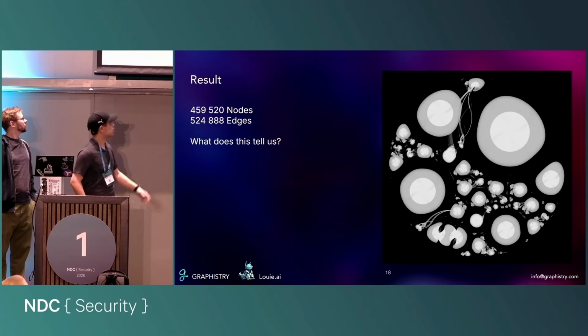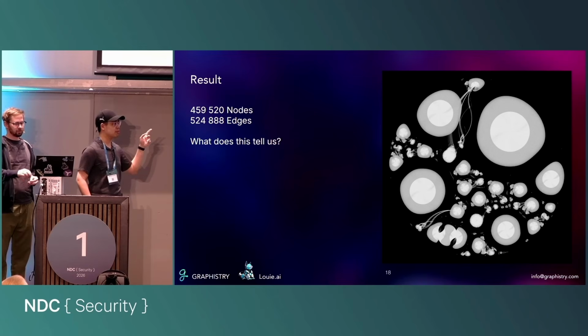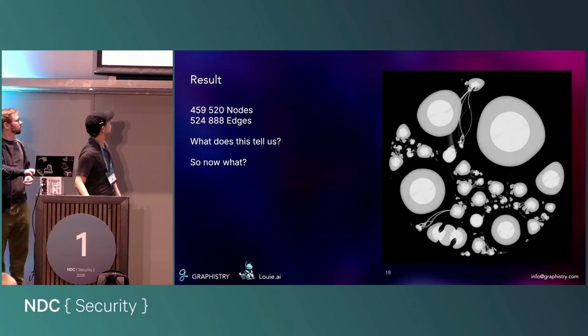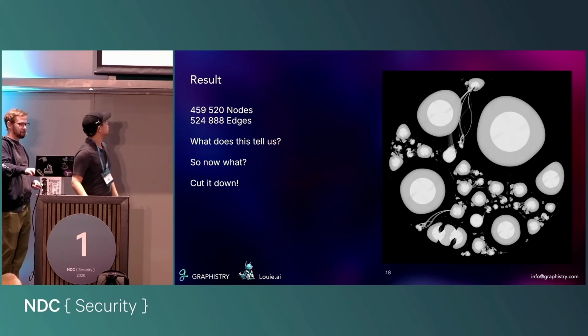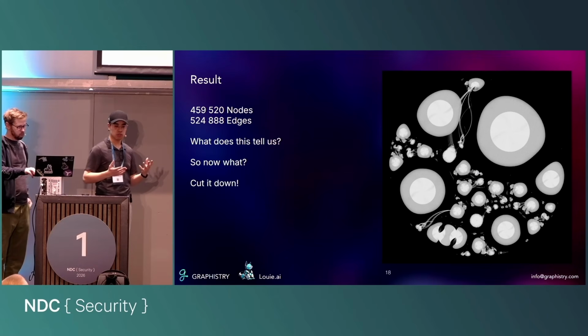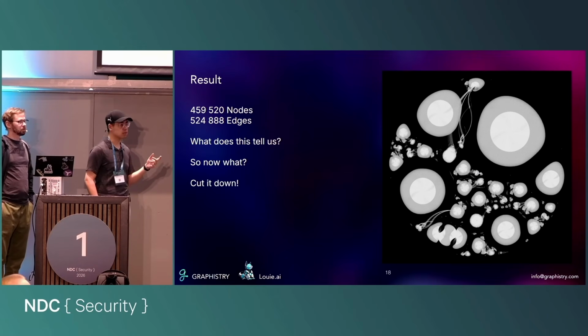But as Sindre said, this might be pretty, but it's not very useful to us, is it? So how should we approach it then? The answer is cutting it down. We're going to find a thread, something to grab onto, so that we can start doing an actual investigation on this graph.